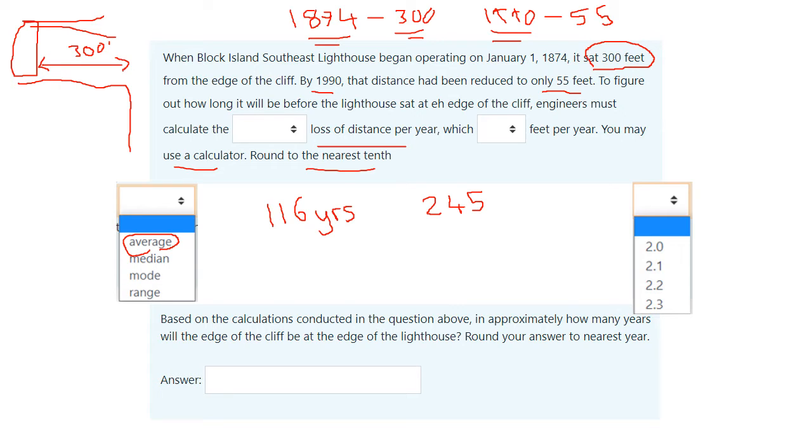So the average will be 245 divided by 116, which should give us the answer 2.11. If we want to round 2.11 to the nearest tenth, that means to one decimal place, then we choose 2.1.